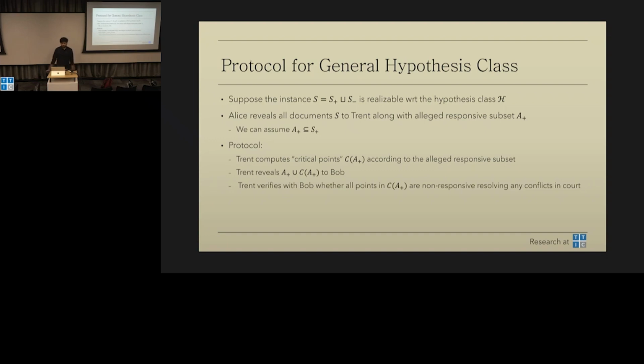Trent verifies with Bob whether all points in CA plus and in the set of critical points are non-responsive, resolving any conflicts in court. If all points are classified as non-responsive, then the protocol stops. Otherwise, Trent just reveals all documents to Bob. It's almost verbatim what we did for D equal to 1, except that critical points are now somewhat strange.